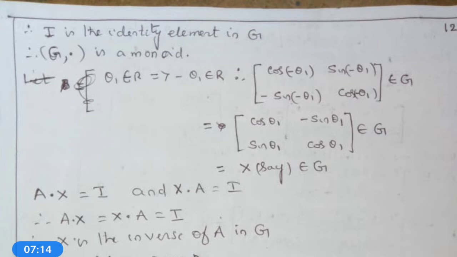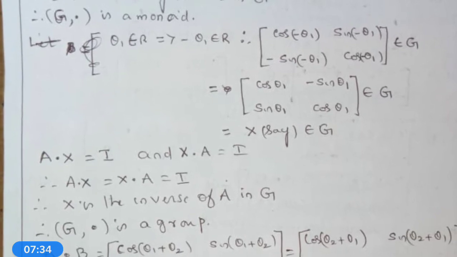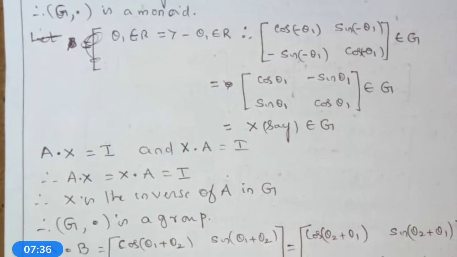Now, θ1 belongs to R implies -θ1 also belongs to R. So, this implies [[cos(-θ1), sin(-θ1)], [-sin(-θ1), cos(-θ1)]] is equal to [[cos θ1, -sin θ1], [sin θ1, cos θ1]].